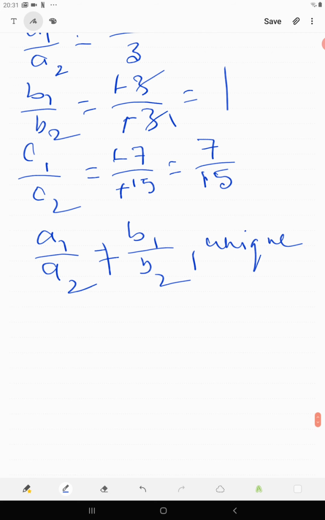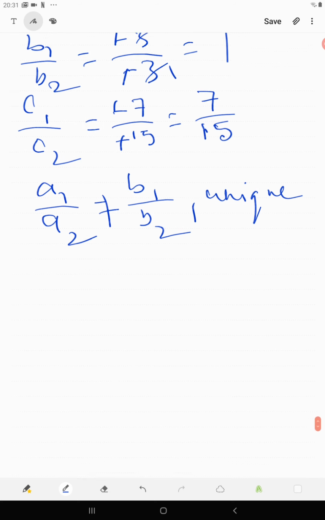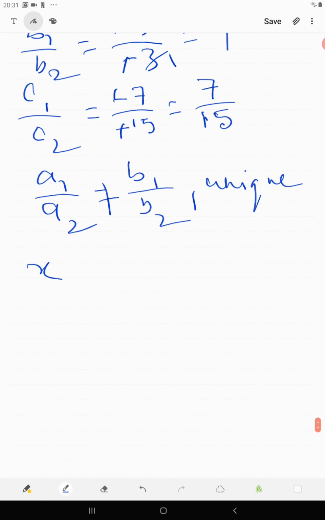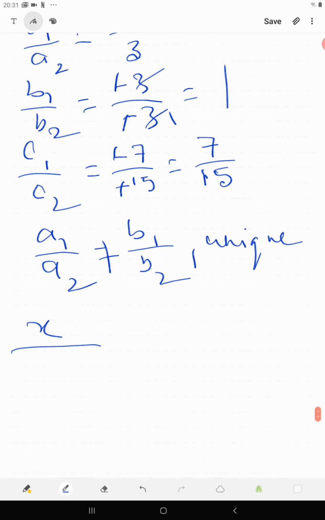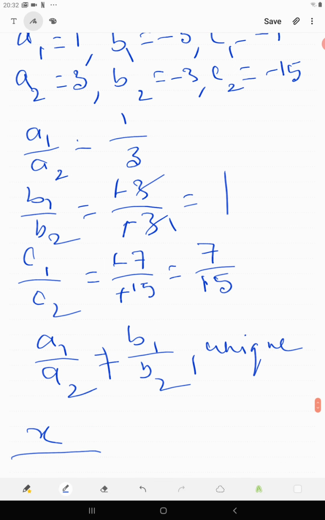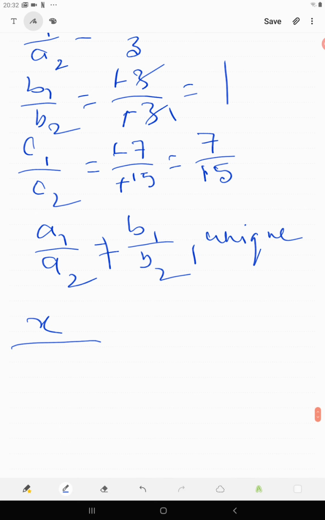So we need to find it now by cross multiplication. Since it is unique, we need to find it by cross multiplication. So I'll directly put in the formula. x by b1 c2 minus b2 c1. You need to write it, but I am not going to write it, I'll simply put in the values. So x divided by b1 c2.